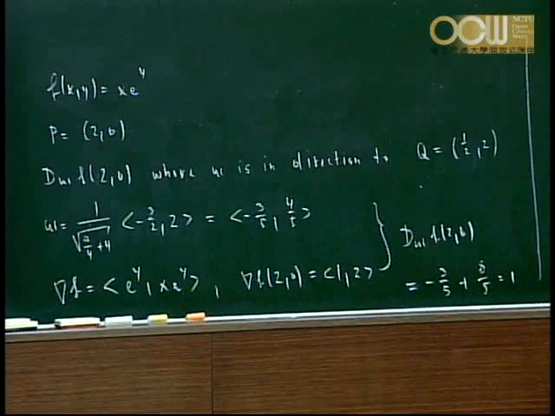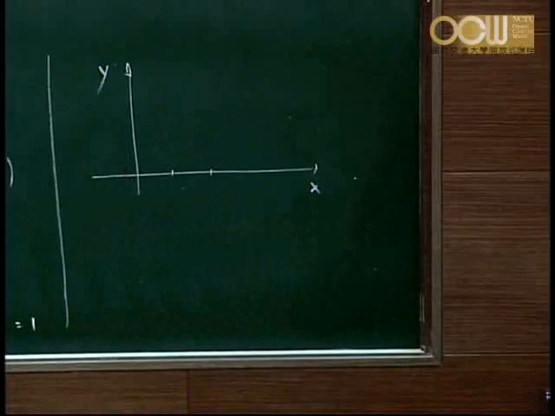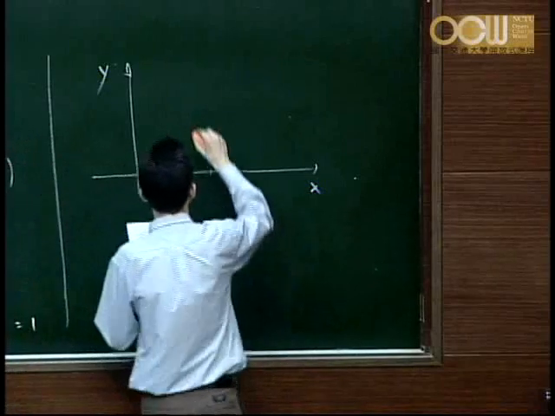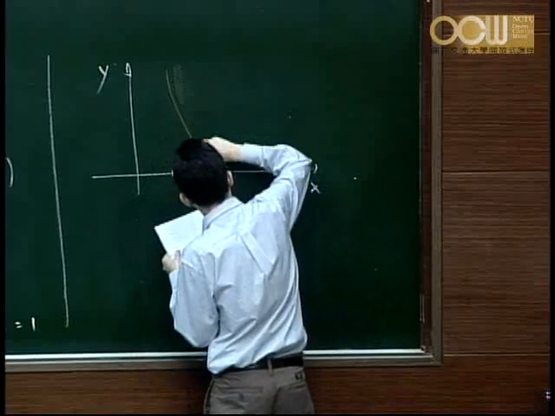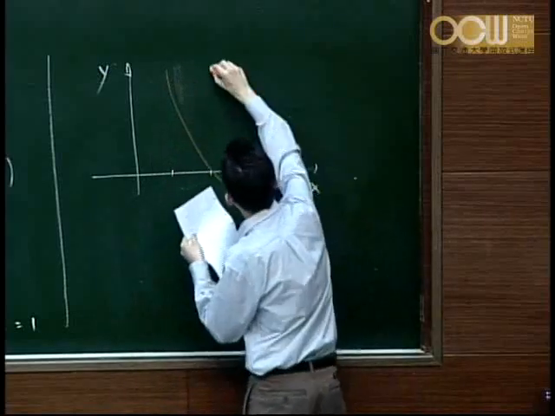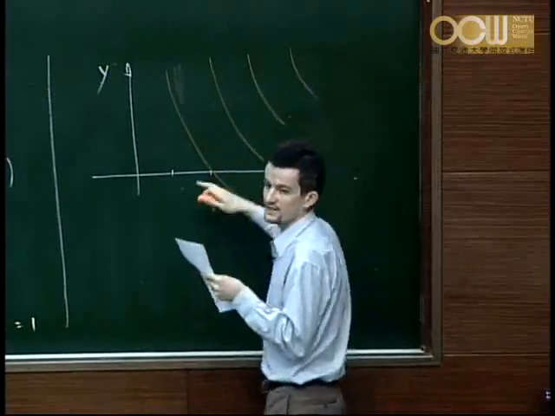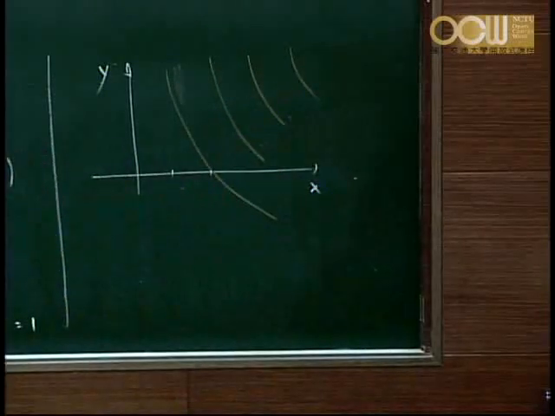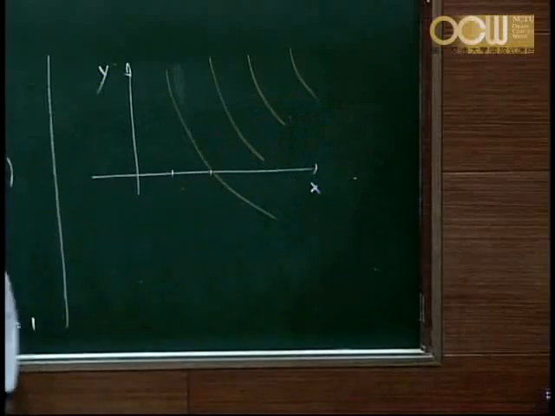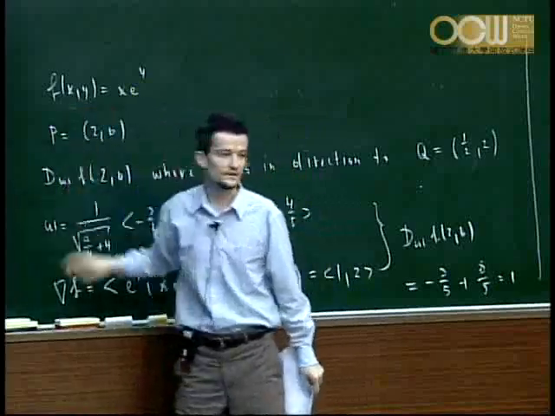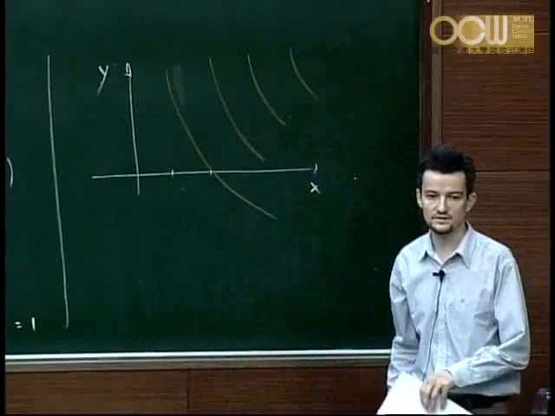If you do this, you get a picture like this here, where the function values are getting larger and larger. These are the level curves. On each curve the function has a constant value, and as you move in this direction, the function values are getting larger and larger.